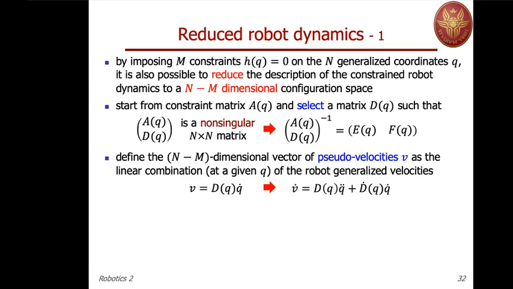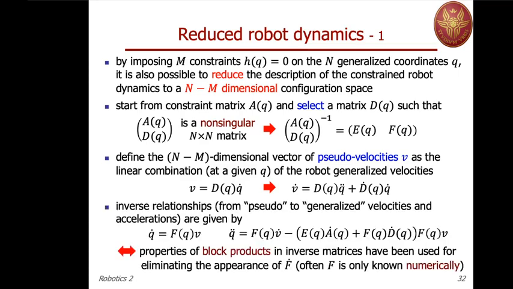Now this relation, the map from q dot to a reduced number of pseudo-velocities v, can in fact also be inverted, or pseudo-inverted, if you wish. We can always write q dot as F of q times v, where F is the second set of columns in the inverse of the matrix A D. And we will prove that this is true.